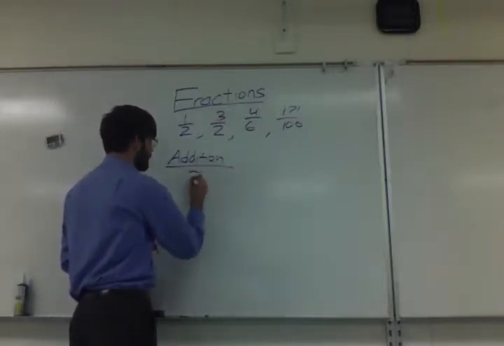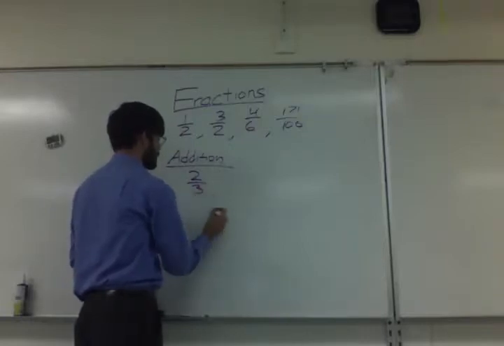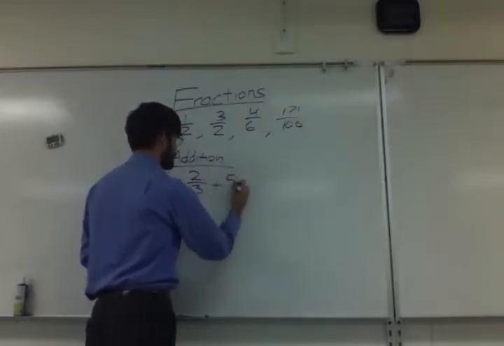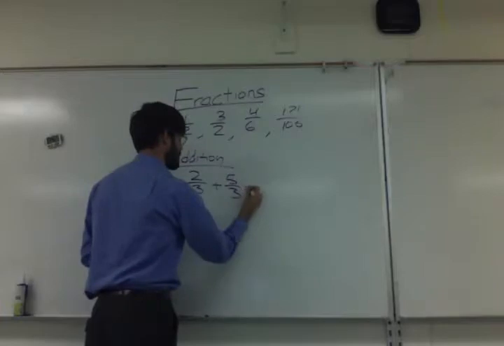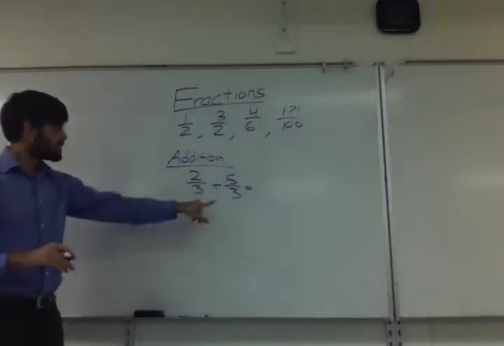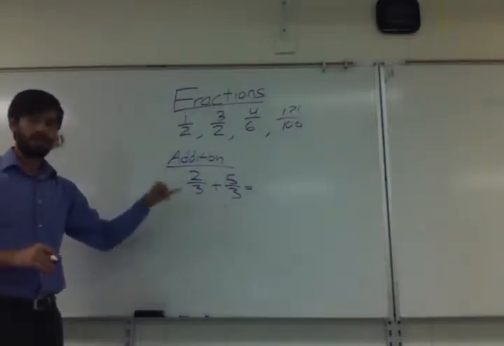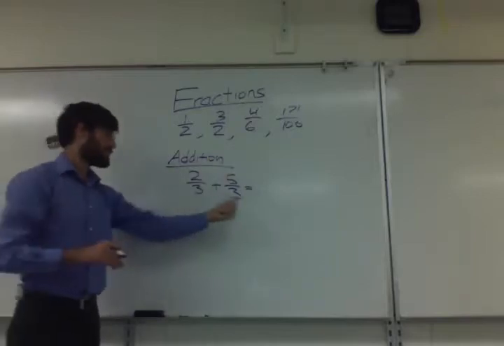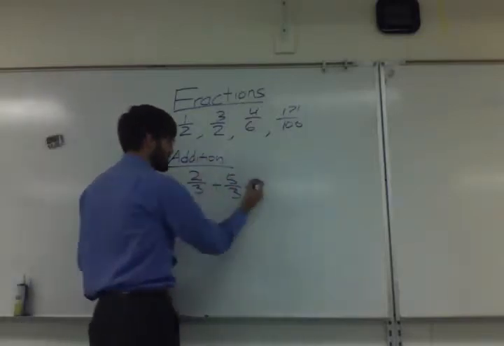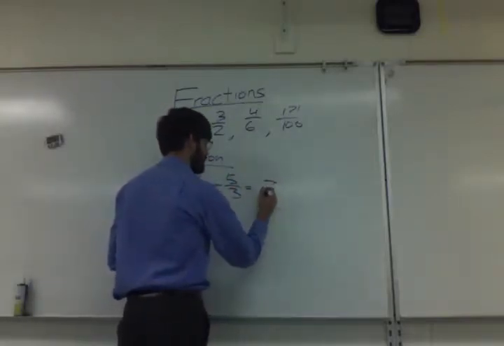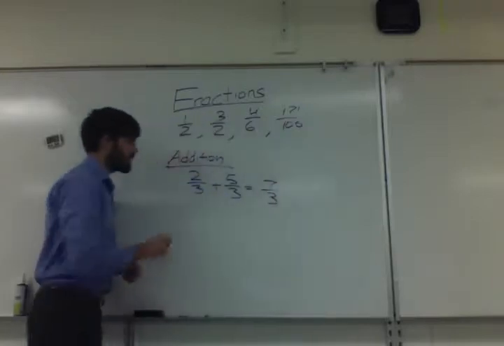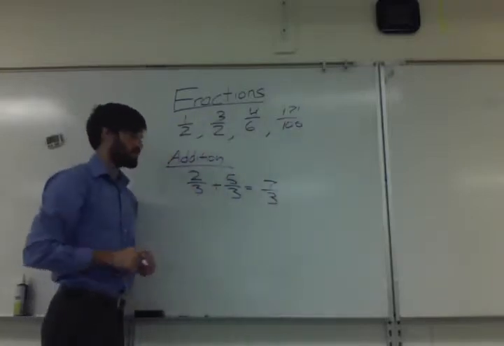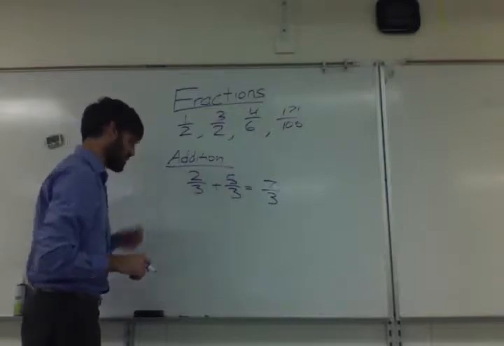So for instance, if I have 2/3 plus 5/3, and I want to add those together, when the denominator is the same, all we have to do is add the numerators and keep the original denominator. So that would give me 7 over 3. All I did was add 2 plus 5 on top.